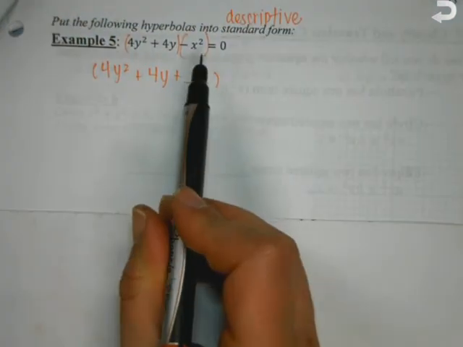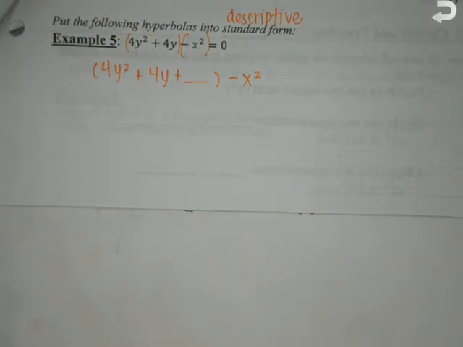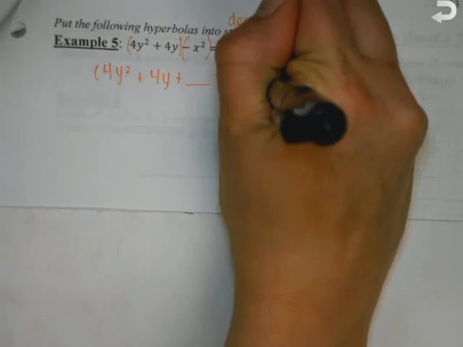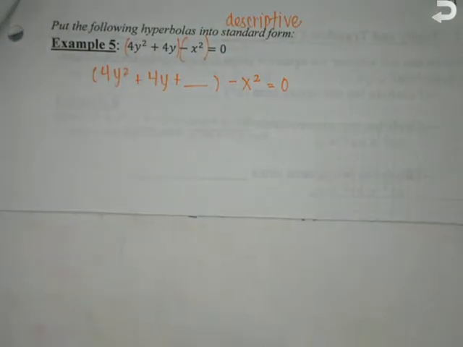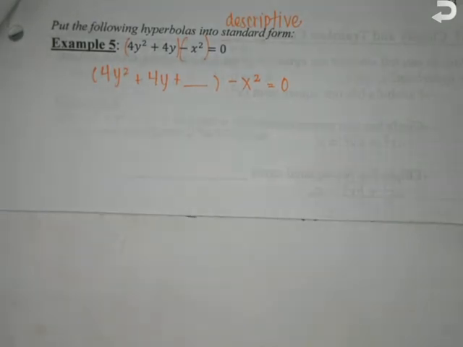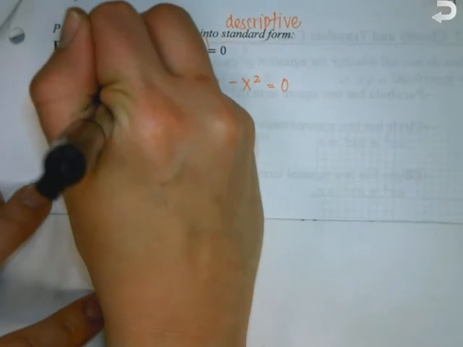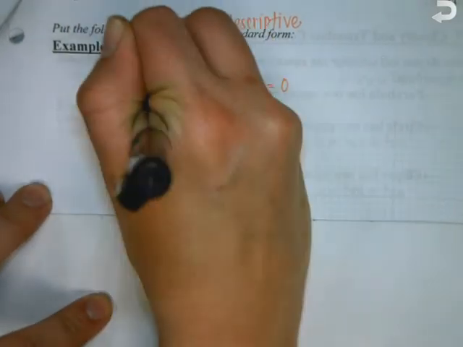What do I have to do before I can complete the square? GCF of 4. So let's pull out a 4. Minus x squared equals 0 plus 4 times blank. And what goes in the blank?